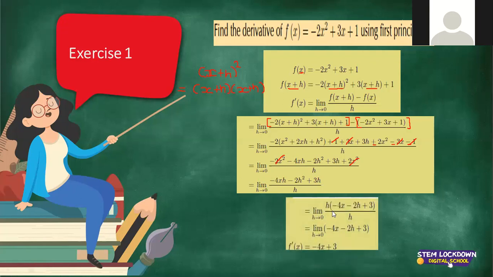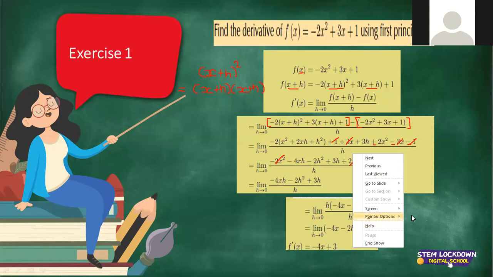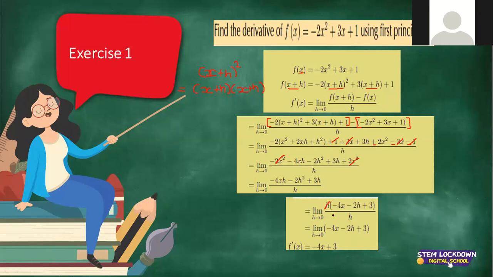So you'll have h into, remember, this you can check by multiplying to see if you get that. So h times negative 4x, you get that. H times negative 2h, get the second term. And then remember, negative times positive is negative. And then you remain with that term.